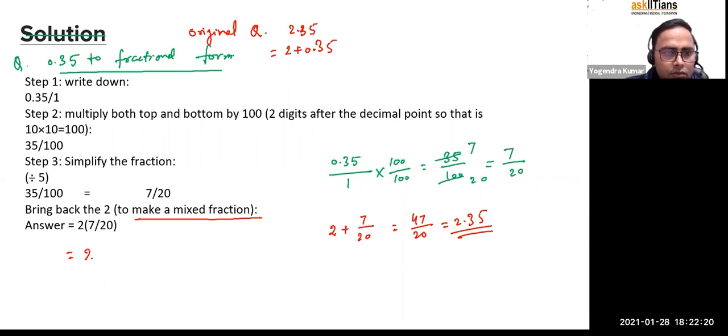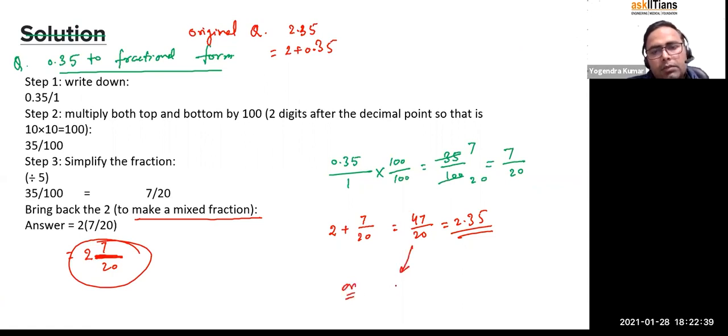Here it is 2 into 7 by 20. 2 7 by 20, mixed fraction form, right? Mixed fraction form it is, right? So this number can be written as 2 7 by 20, mixed fraction form. That is the proper answer you need to give.